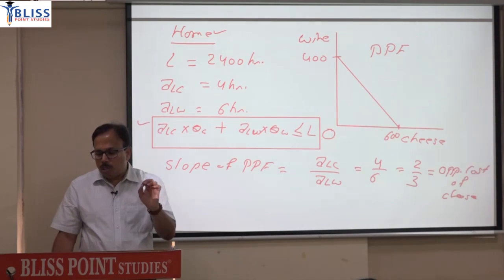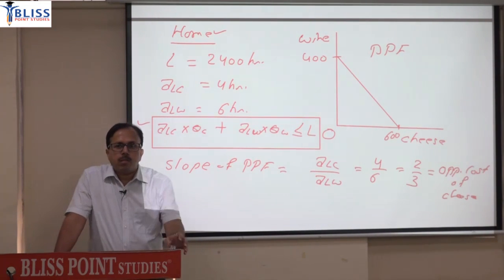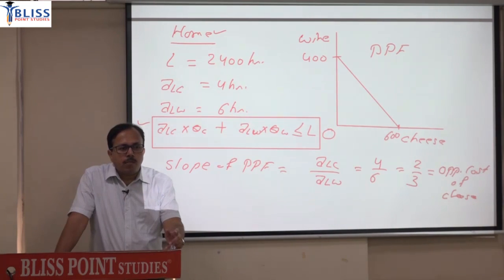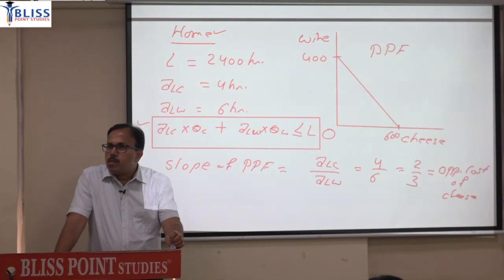So if I say opportunity cost of cheese is 2/3, how to interpret this number? Opportunity cost of cheese is 2 by 3. It means what? 2 by 3 units of wine. To produce one extra unit of cheese, economy will have to give up 2 by 3 unit of wine.